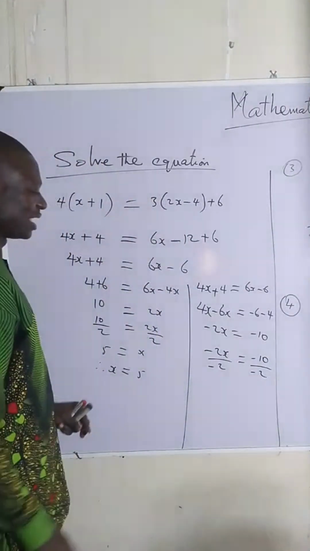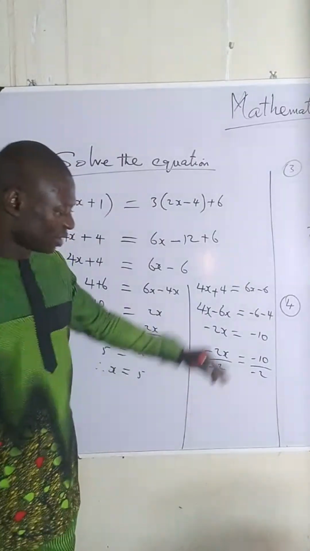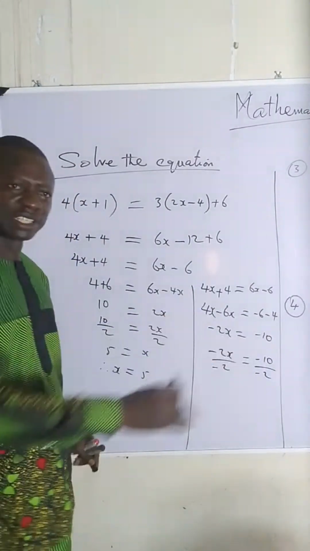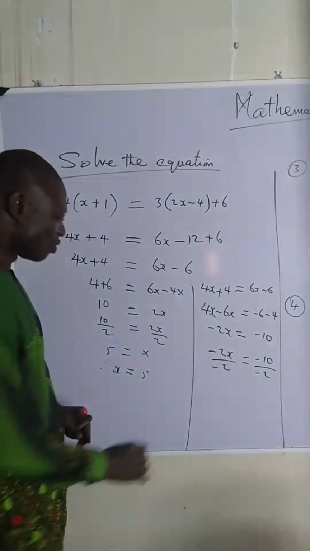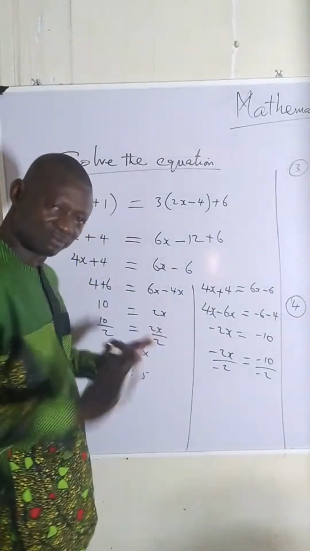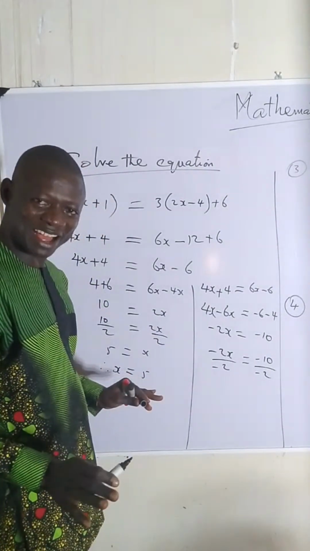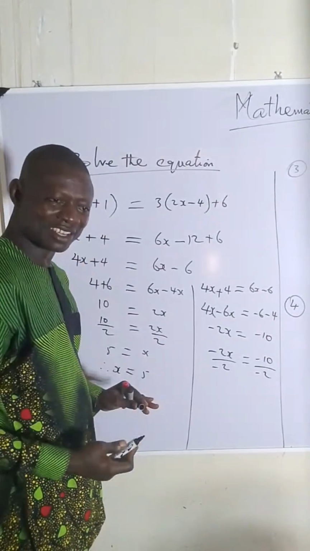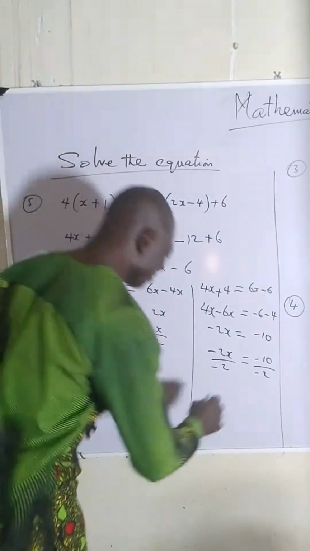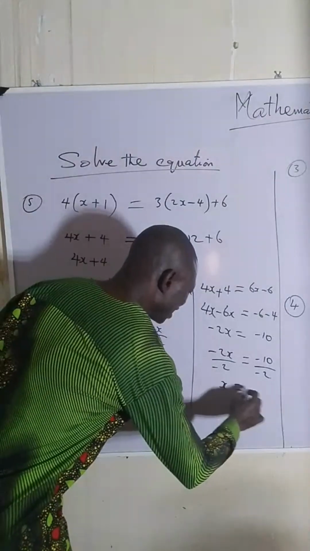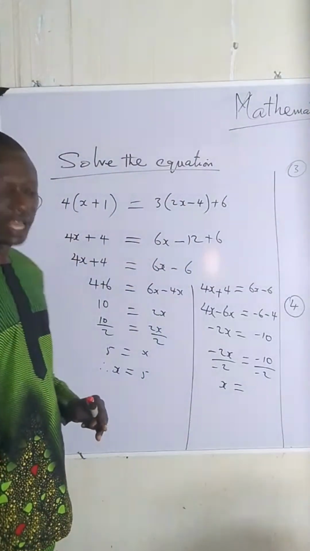It's like a balancing method. Whatever we do on the left-hand side, we do the same on the right-hand side. And so minus divided by minus is plus. Obviously, remember, in our previous classes, we did that. And then we have x here on the left-hand side, waiting for the answer on the right-hand side.